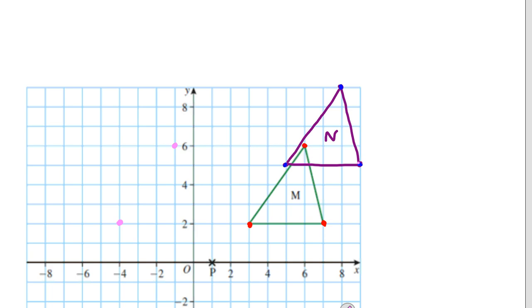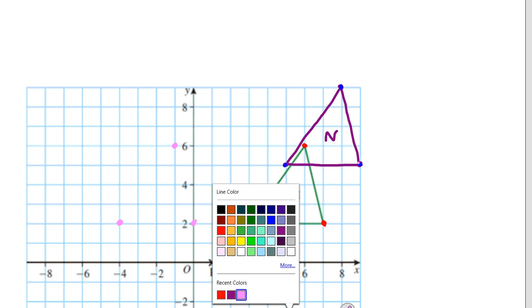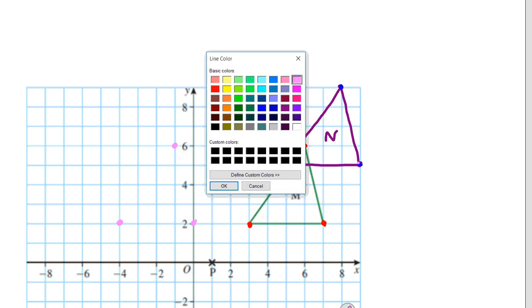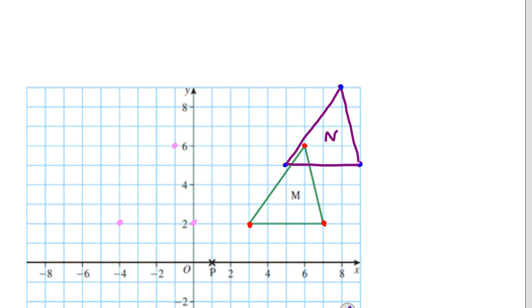And down by 3. 1, 2, 3. Oh, that's good. And now let's draw a triangle. Use a ruler, connect up.